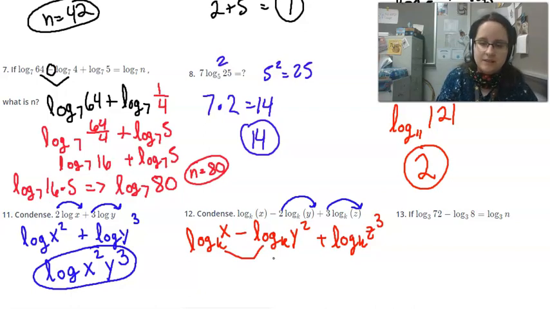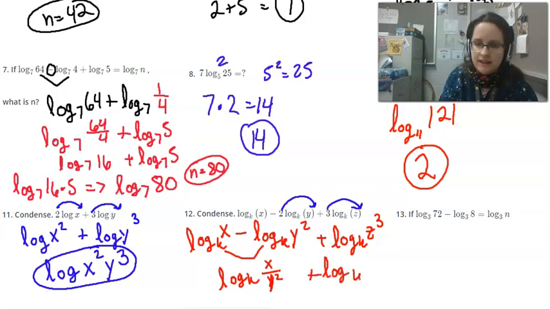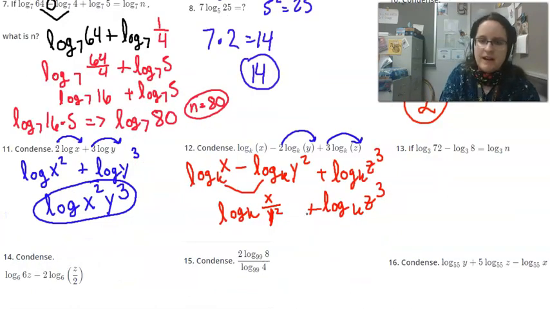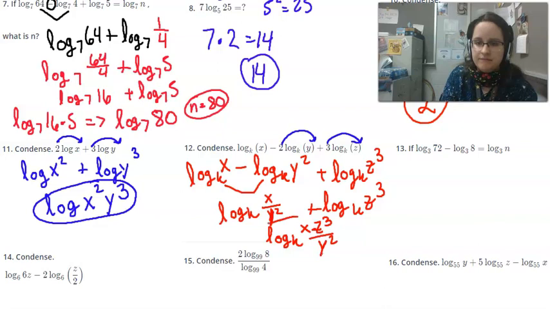We're subtracting these, so we're going to divide the two arguments. Log k of x divided by y squared, plus log k of z cubed. From there, we're adding these two, so you're going to multiply this by the numerator, basically. So we're going to rewrite it, and we have log base k of x z cubed divided by y squared. And that would be our condensed expression.